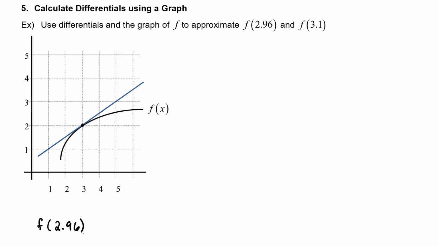Now, if we think about this in terms of f of x plus delta x being approximately equal to f of x plus f prime of x dx, then it's all of these values that we're going to be able to figure out from this graph. Now remember, we want to choose an x value where we know exactly what the function value is.